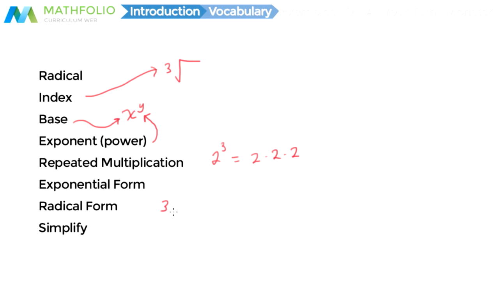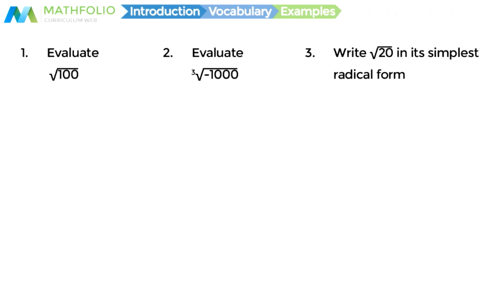We simplified radical 300, square root of 300, by writing 3 radical 10. This is an answer in radical form. And simplifying is really when we make something that's complicated or has a lot of detail, and we try and put it in its simplest or easiest form, or even in a form that we're able to use more readily.